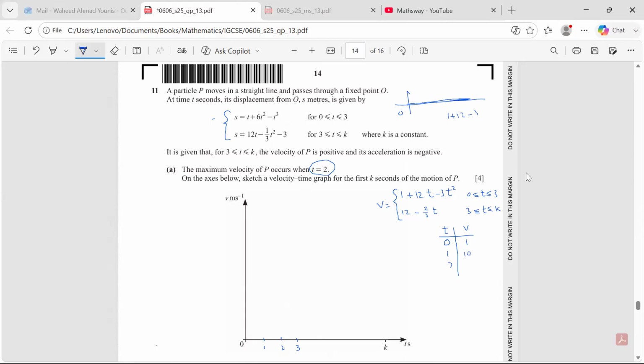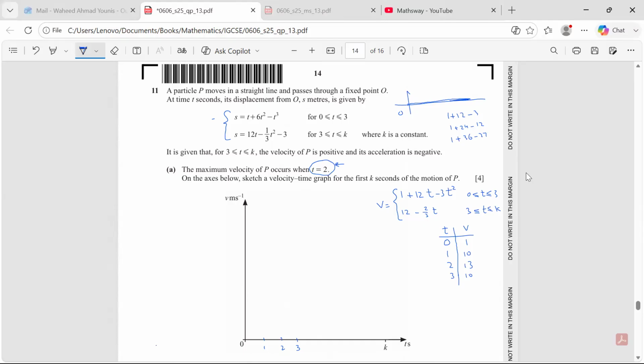When time is 2 seconds, it is going to be 1 plus 24 minus 12, so this is 13. And this is the maximum velocity given over here. And at 3 seconds, again, it is 1 plus 36 minus 27, so 37 minus 27, 10 again, right?